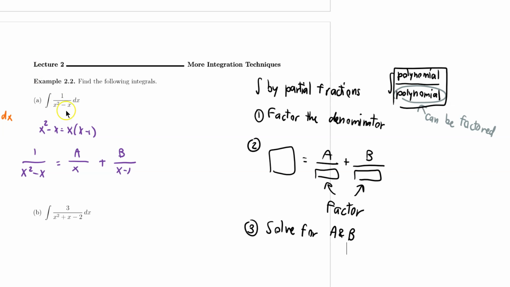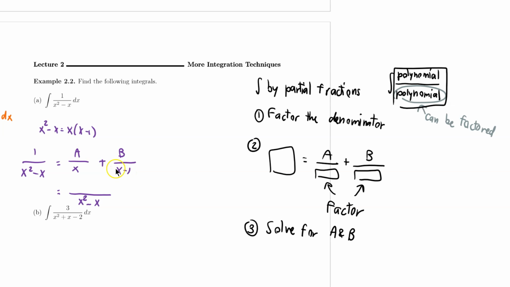To solve for A and B, I'm going to have to add up the right hand side that we see here. If I add these two things up, I'm going to multiply x by x minus 1, so that's just x squared minus x. So the denominator will always come out right, because we factored it earlier.